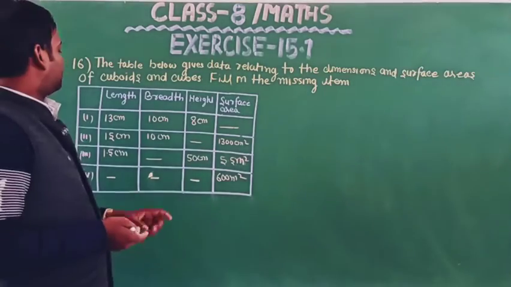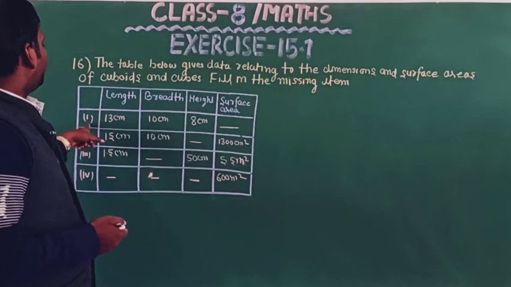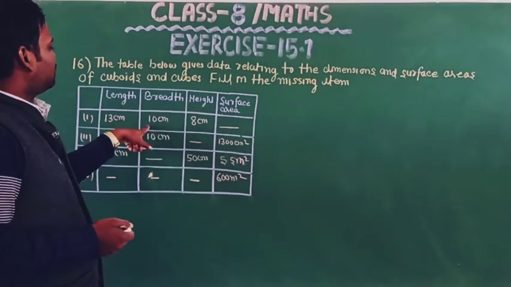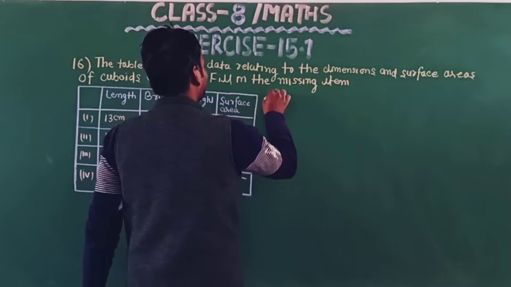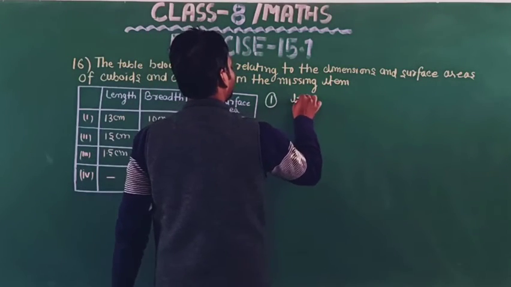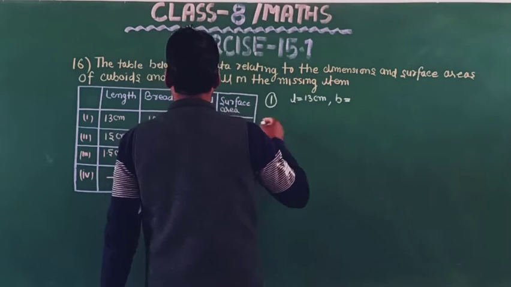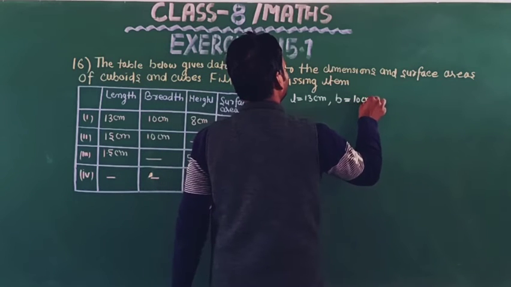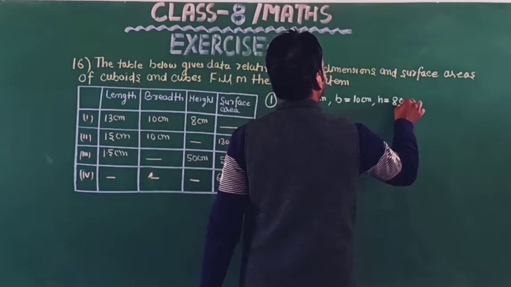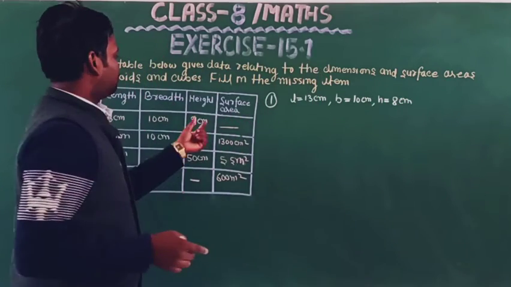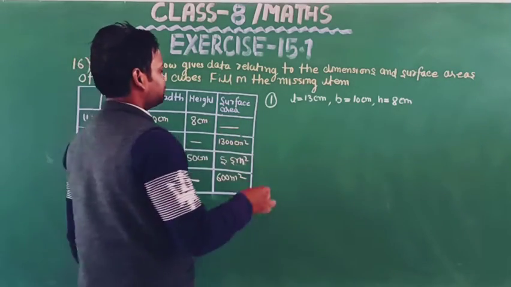In the first part, length equals 13 cm, breadth equals 10 cm, height equals 8 cm, and we need to find the missing surface area.